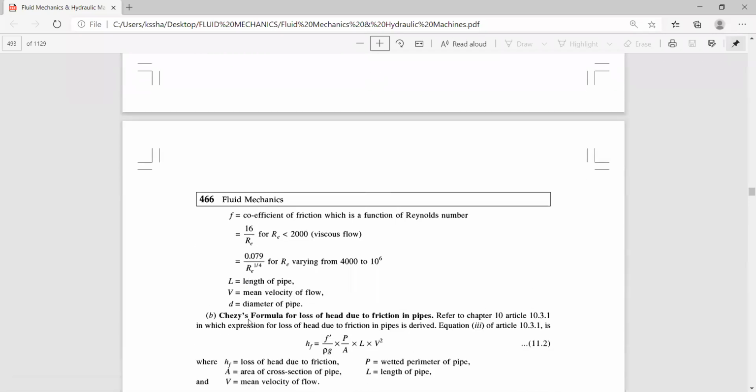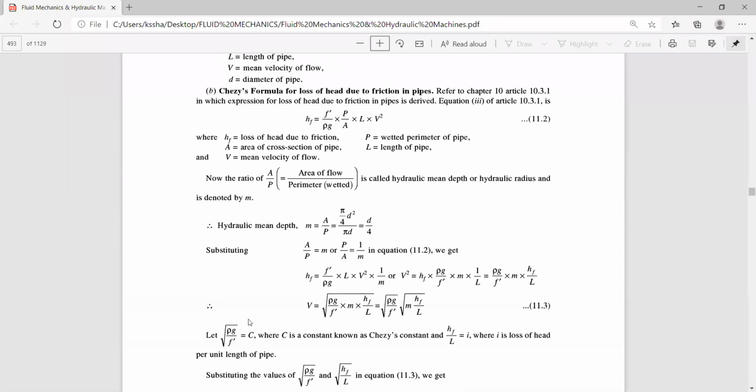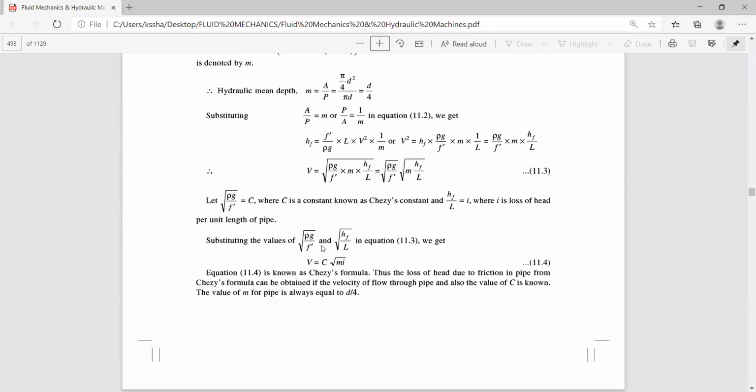Now second is Chezy's equation. The second equation which you need to understand is Chezy's formula for loss of head due to friction in pipe. You have to remember one more thing for the exam, Chezy's formula derivation is not there for you. Only you have to remember the formula and solve certain problems on this. So what is the formula for Chezy's equation? Chezy is the name of the scientist. What he did was he gave a formula for velocity of flow, that is capital V is equal to C into under root of m i.